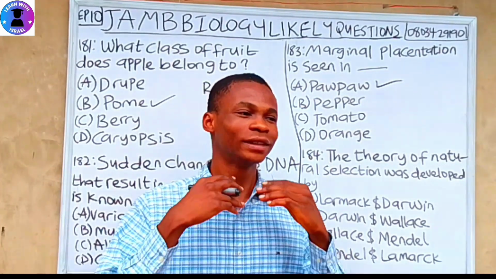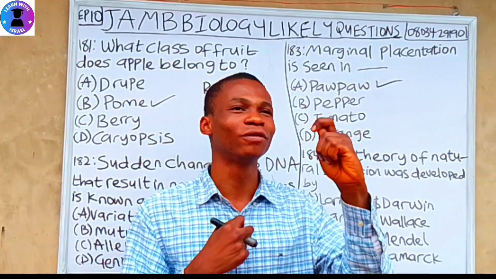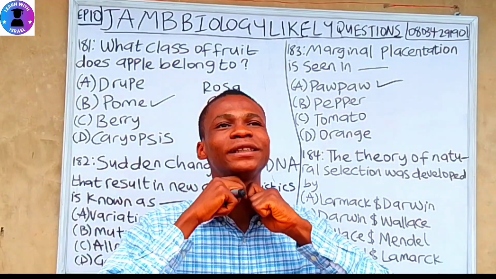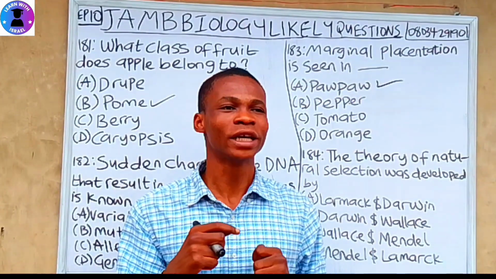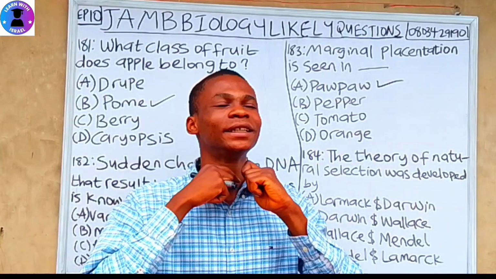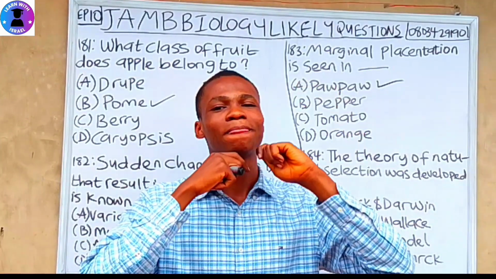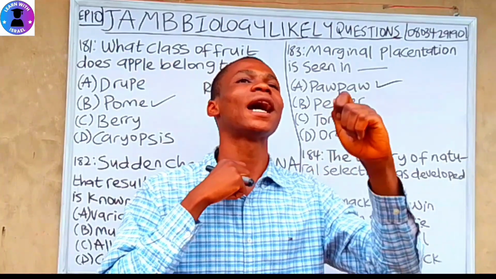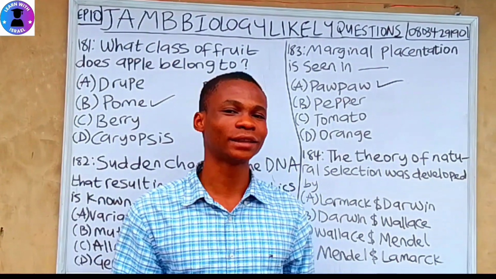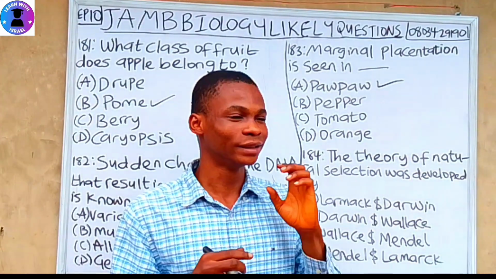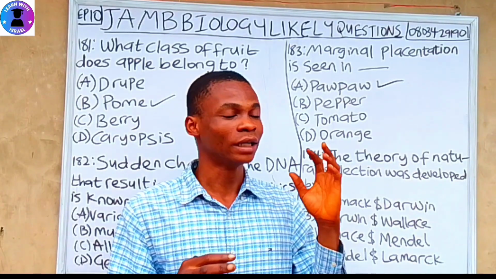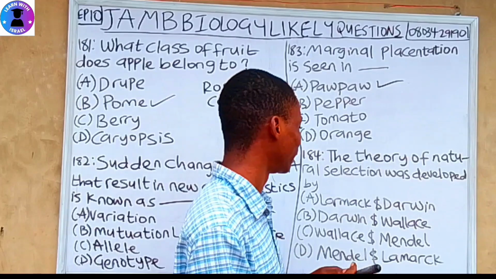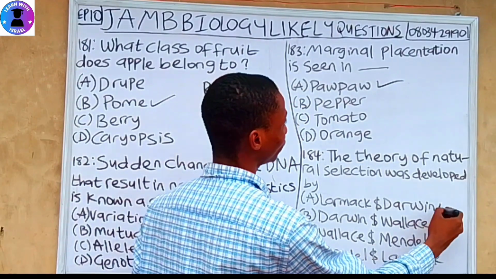When giraffes evolved, their necks were not that long before, but the way they stretched their necks to get food is how the necks kept growing longer. I hope you understand that now. That is the example of natural selection Jean Lamarck talked about. Lamarck and Darwin is option A, which is the correct answer.